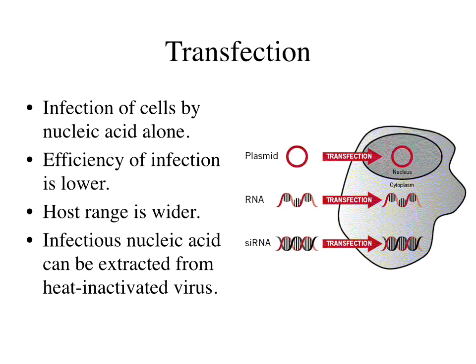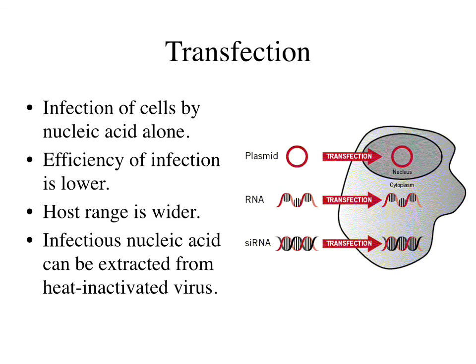Another aspect of transfection is that nucleic acids are not affected by antiviral antibodies. Antibodies target proteins, so the proteins that are on the surface of the viral envelope or on the viral capsid will be the targets of antibodies, but nucleic acids will not be recognized.